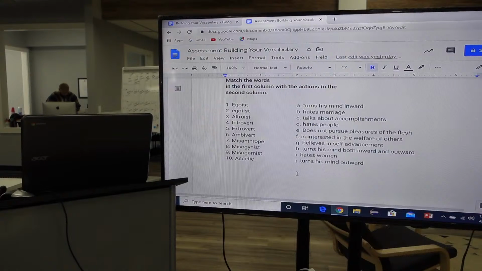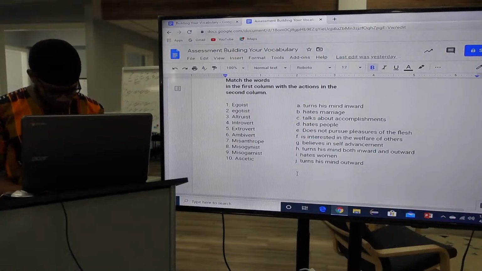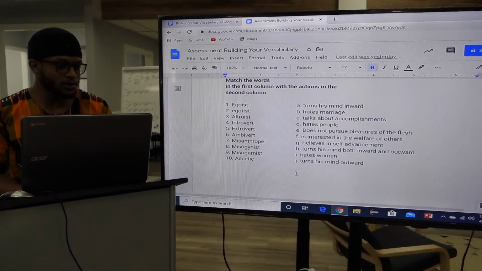The second column reads: A, turns his mind inward. B, hates marriages. C, talks about accomplishments. D, hates people. E, does not pursue pleasures of the flesh. F, is interested in the welfare of others. G, believes in self-advancement. H, turns his mind both inward and outward. I, hates women. J, turns his mind outward. Go ahead and figure these out if you can, and then I'll give you the answers at the bottom.